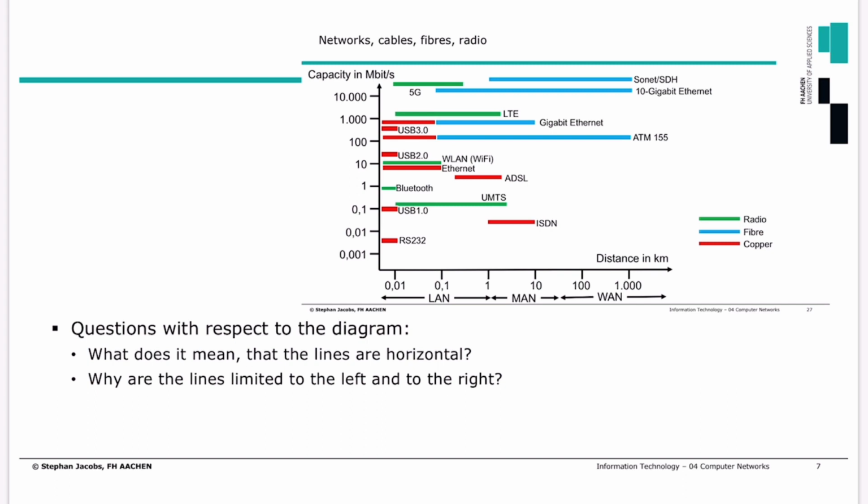Finally, we have the green ones. And here you once again can see the limitations in size. For example, UMTS and LTE networks are limited to roughly 1 kilometer. This is the maximum distance you can have once you want to connect to an antenna.